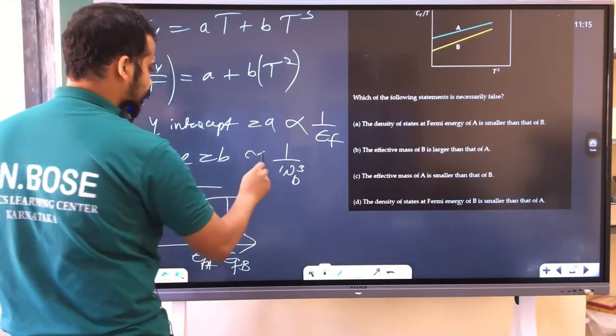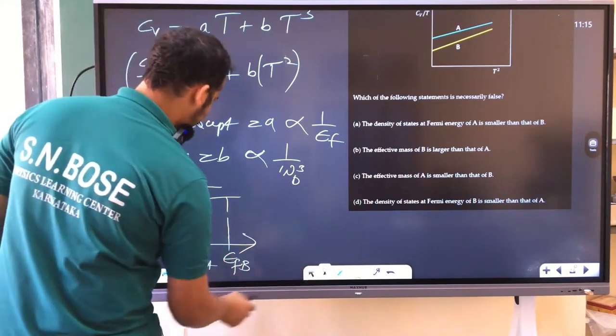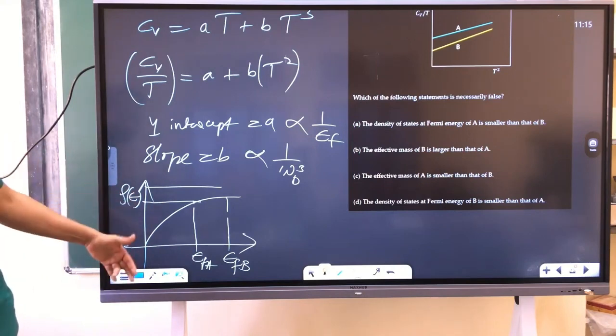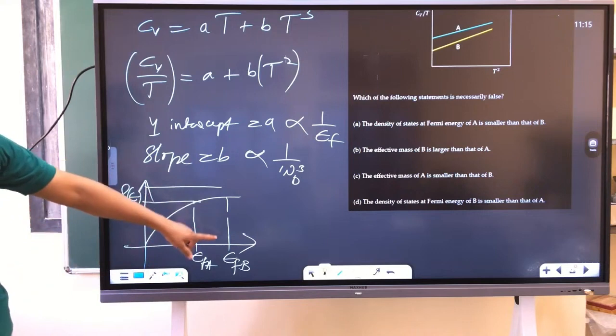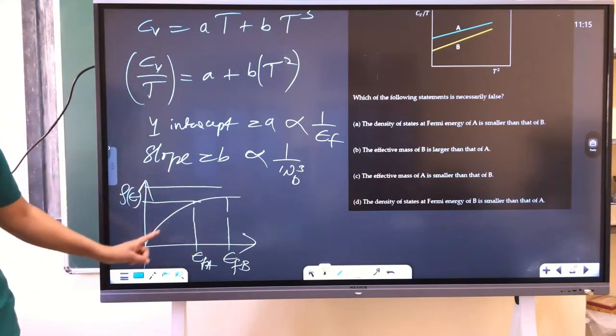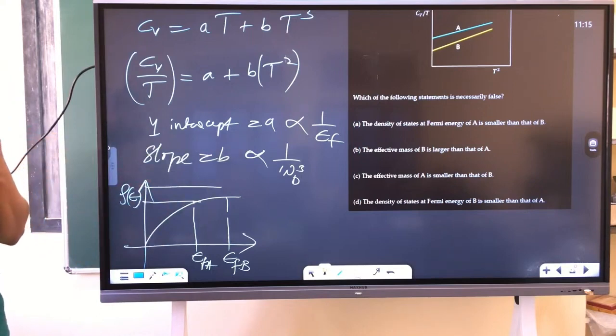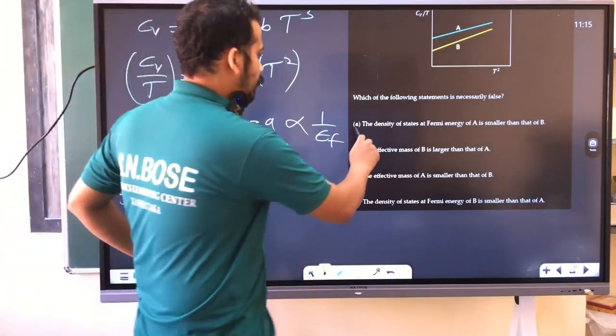Got my point? Now can you answer? What is the density of state at Fermi energy for A, lower than B? The statement that the density of state at Fermi energy of B is smaller than that of A is wrong, and this one is right.